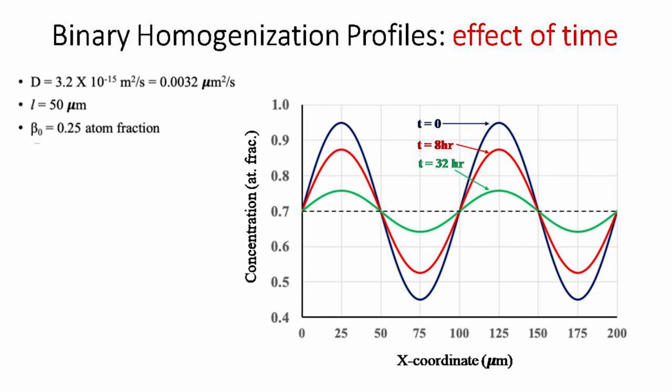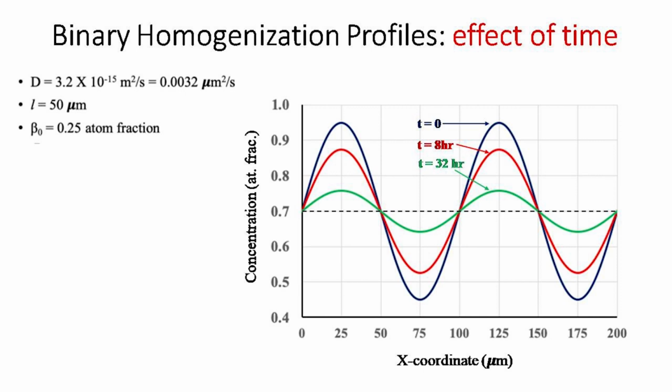If we use the equation that we derived and simulate at different times, at 8 hours the profile is represented by this red curve, at 32 hours the profile is represented by this green curve. We can see as the homogenization time proceeds, the amplitude keeps dropping. So, the fluctuations are getting lower and lower. So, with time the profile is tending to flatten out.